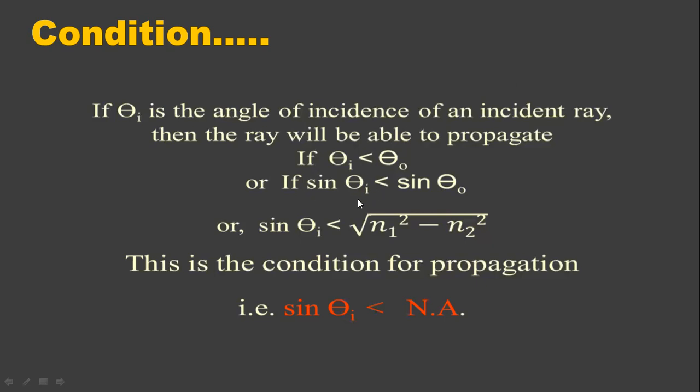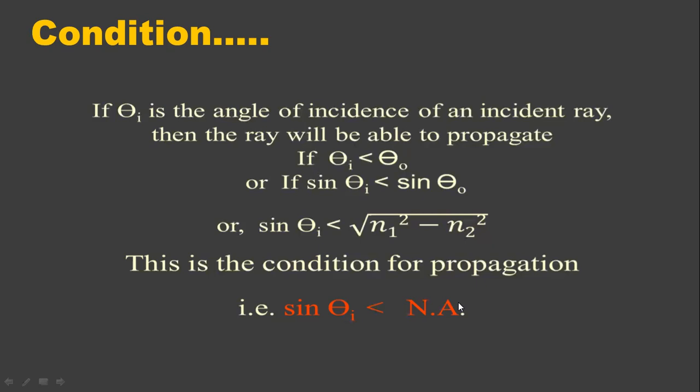Take sine on both sides: sine theta I is less than sine theta naught. Sine theta naught is nothing but the numerical aperture, given by root of n1 square minus n2 square. So this is the condition for propagation: sine theta I should be less than the numerical aperture.